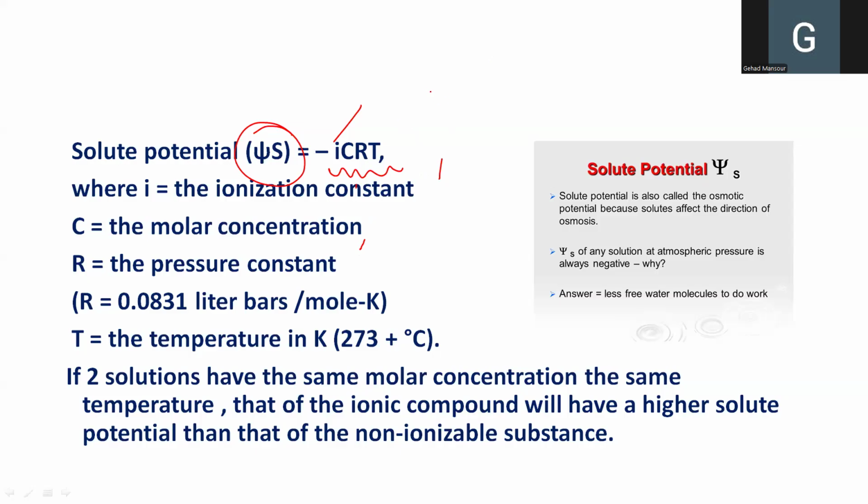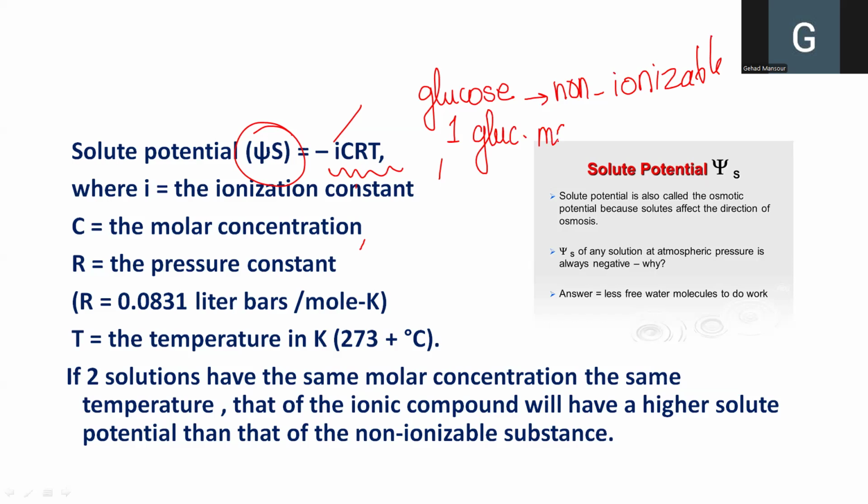For example, if we come to a solution of glucose in water, glucose is non-ionizable, so every glucose molecule will represent one particle in the solution. One glucose molecule will represent one whole particle in the solution. So the ionization constant of glucose equals 1.